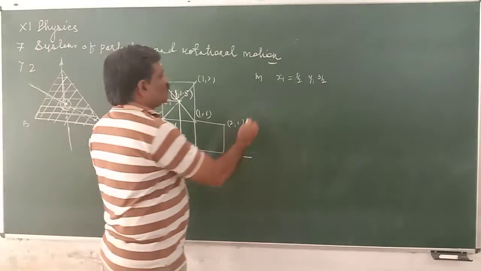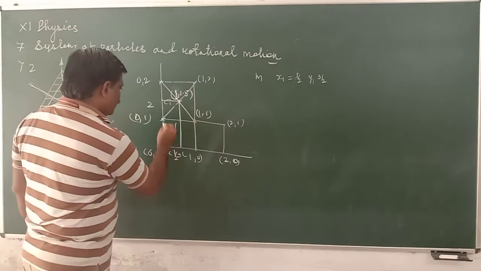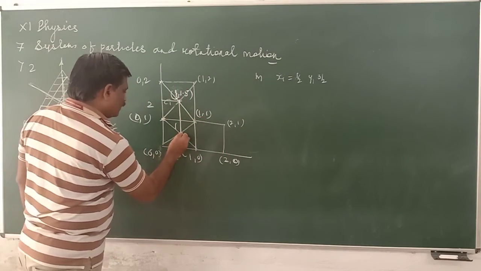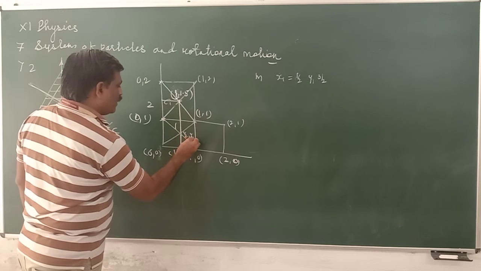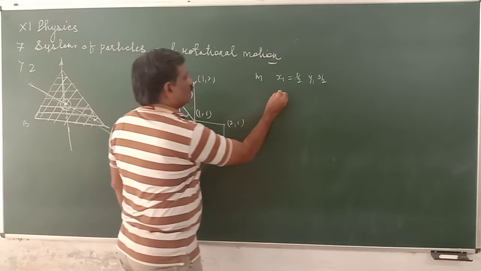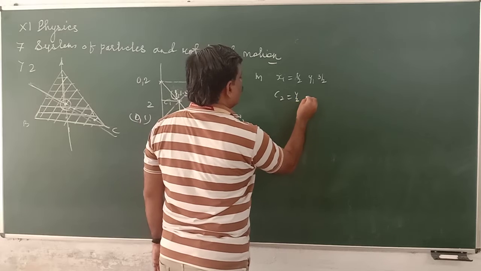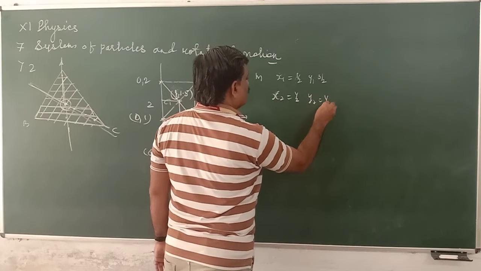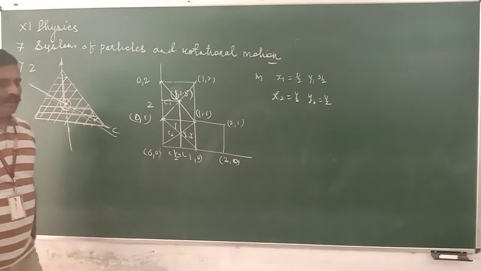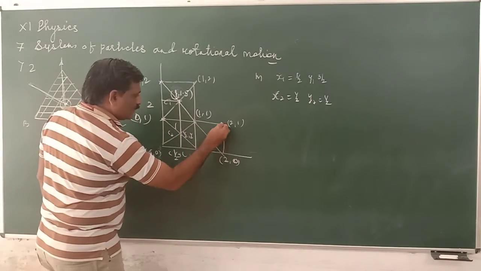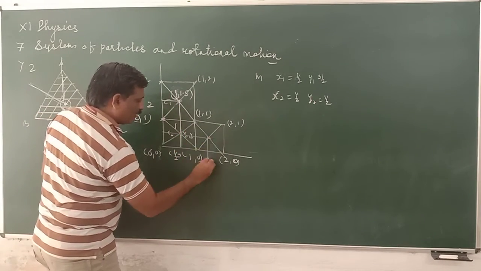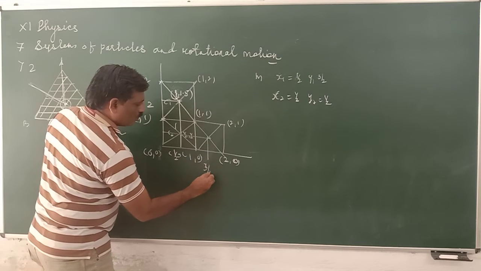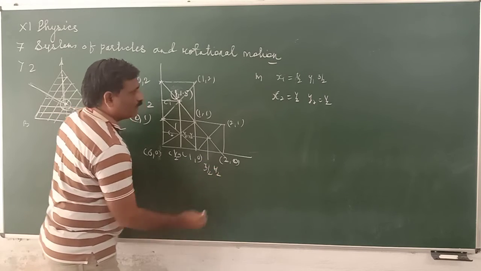This mass is also one third of the total. Then here we can check this also: this is half and half. C2 has coordinates x2 equal to half, y2 equal to half. Similarly, this again is here, so it becomes 3/2 and half.